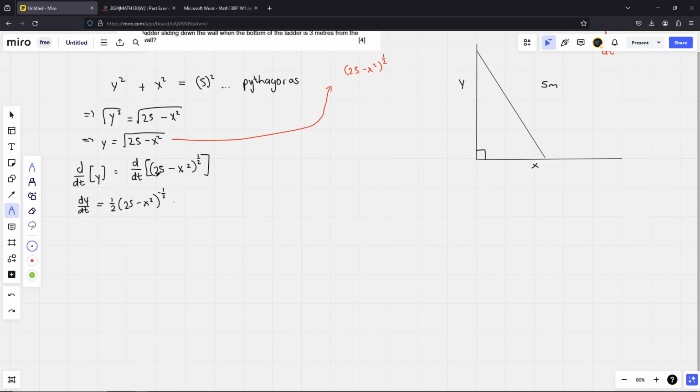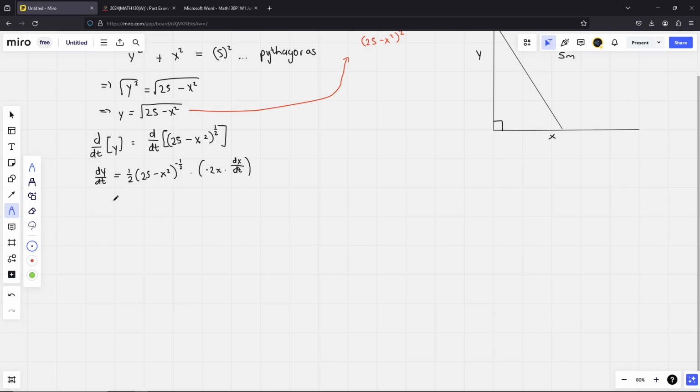The derivative of 25 is going to be 0, then the derivative of minus x squared is going to be minus 2x, and then we are taking the derivative with respect to time, so we're going to say times dx by dt. Okay, so far so good.